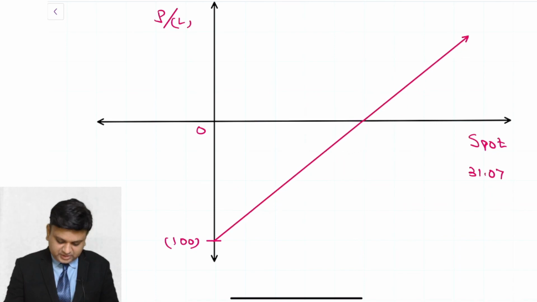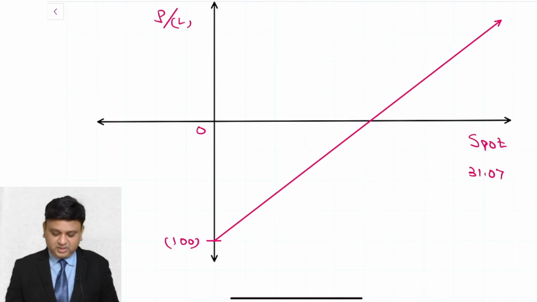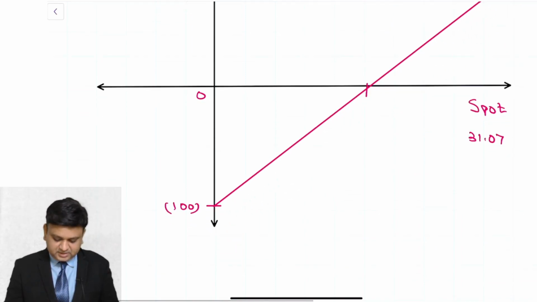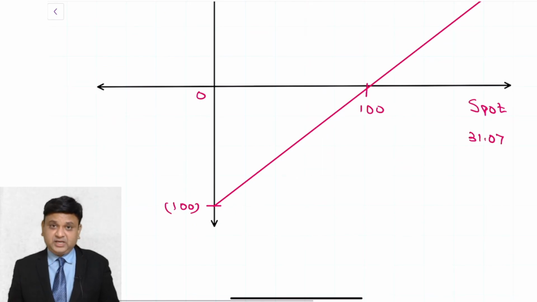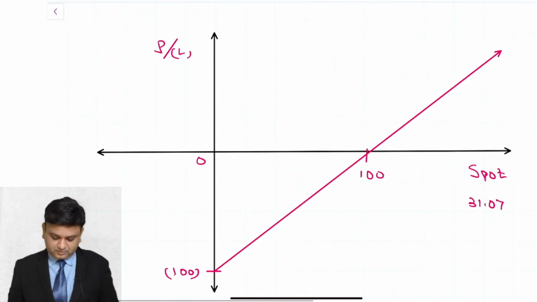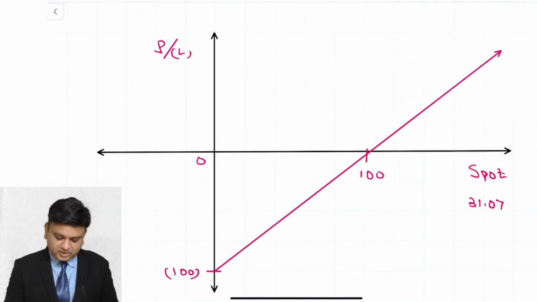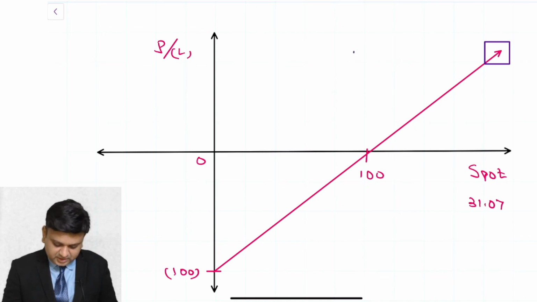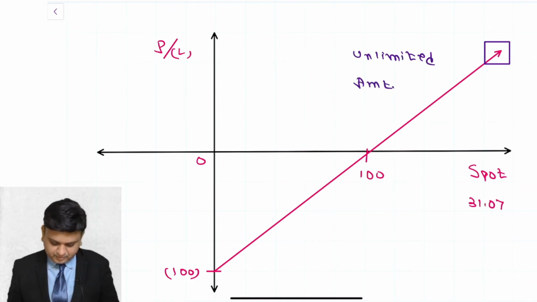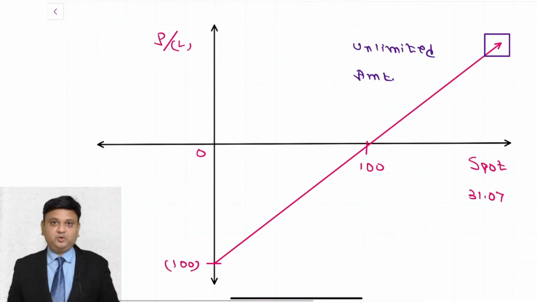So the graph is going like this. We do not have to plot 10,000 rupees, we just have to show this in form of a diagram. This is 100 rupees, a kind of break-even point. And this value is going for unlimited amount. This is the way we are required to show the diagram.